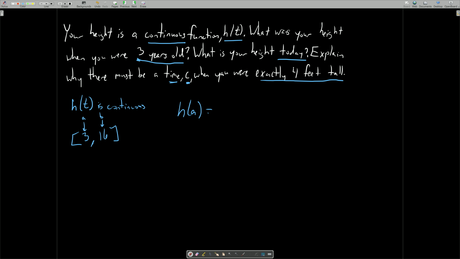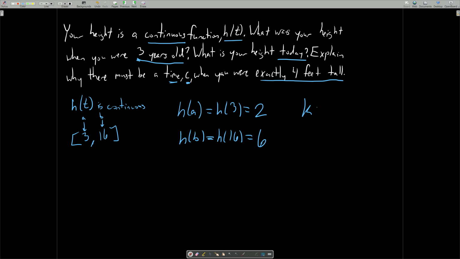So your h of a, which is your h of 3, then your h of b, which is h of 16, right? And then, the height when you're 3 years old, let's say you were 2 feet tall. And at 16 years old, let's say you're 6 feet tall, right? Say h of 3 is 2, and h of 16 is 6.